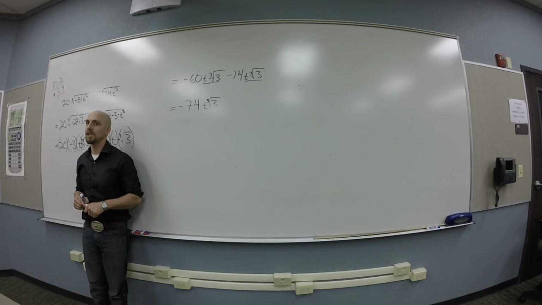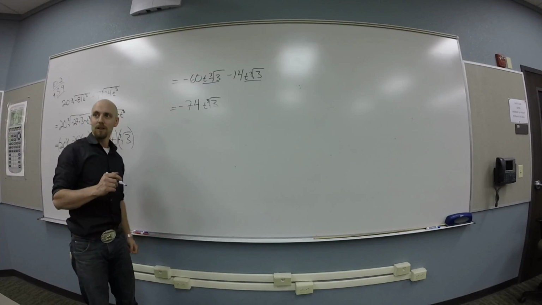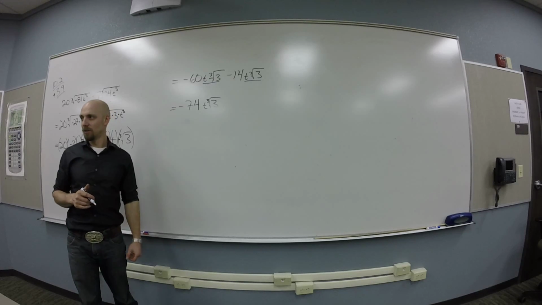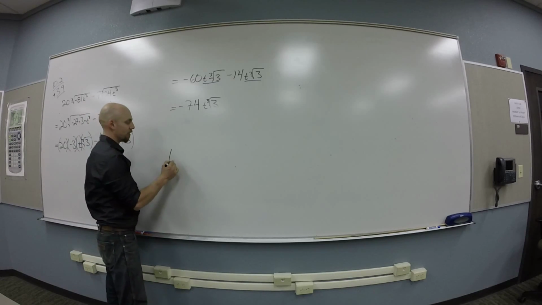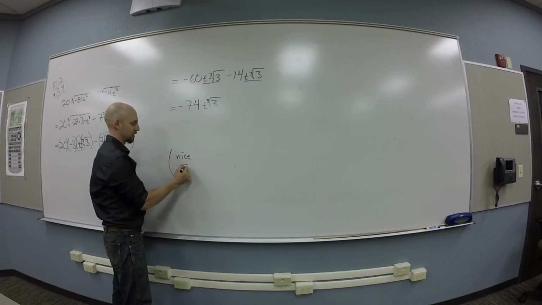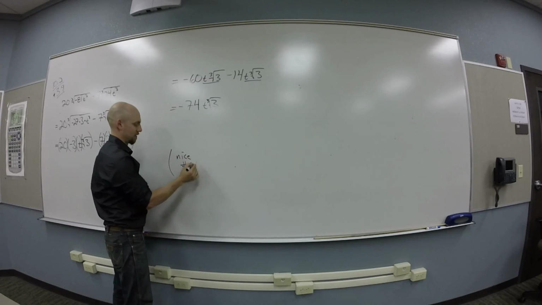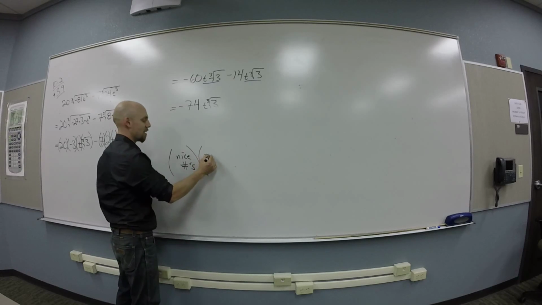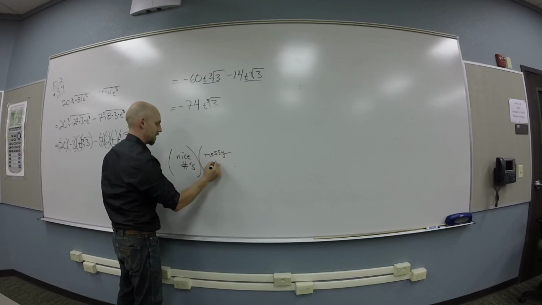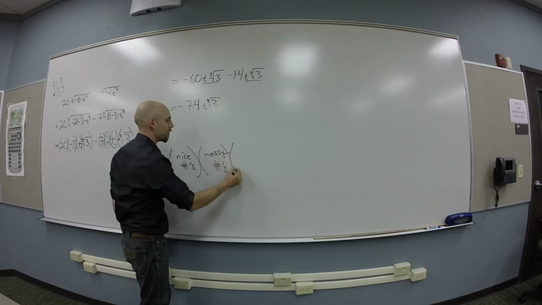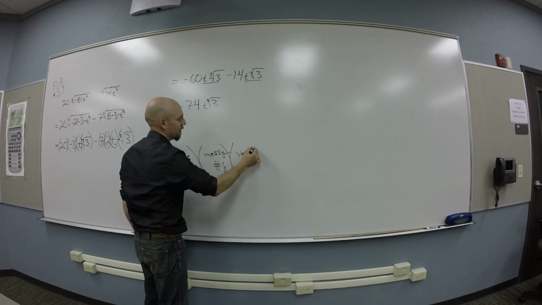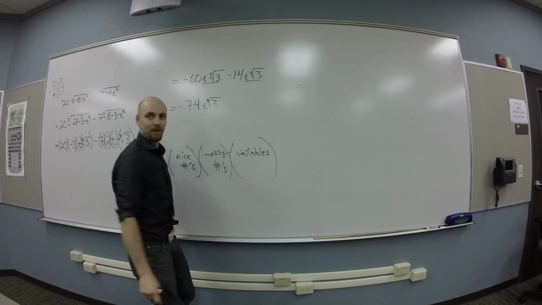Is this the answer that will appear in the back of the book? Probably not. You guys figured out what your book does when they write down some mess of horrible things? They have an order that they always follow. They write nice numbers, then they write messy numbers, and then they write variables in alphabetical order.